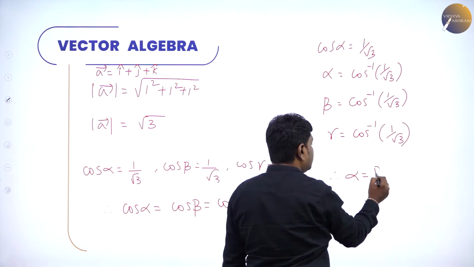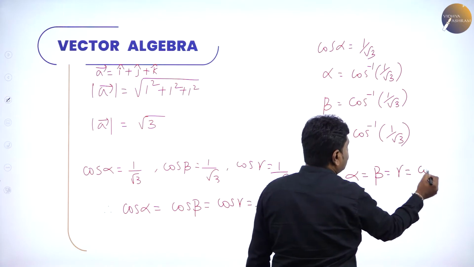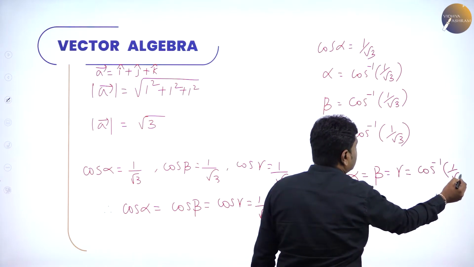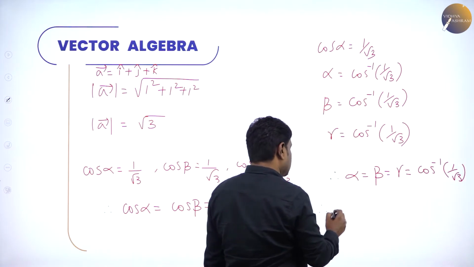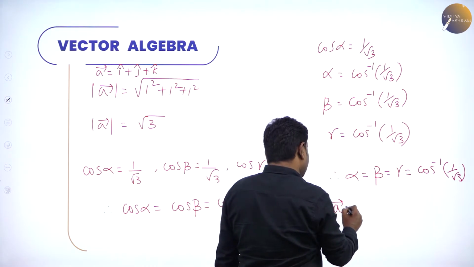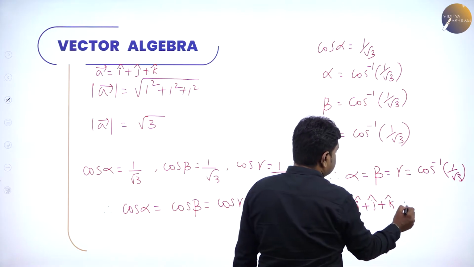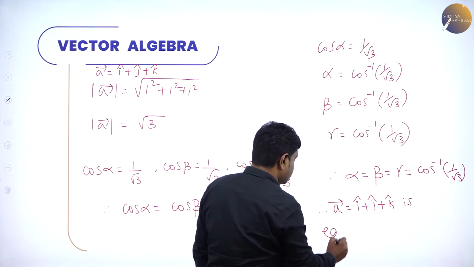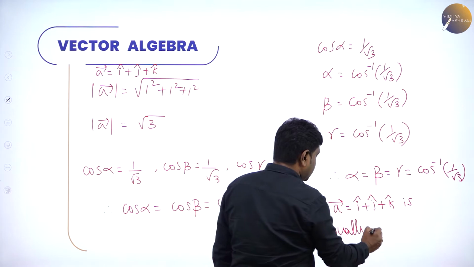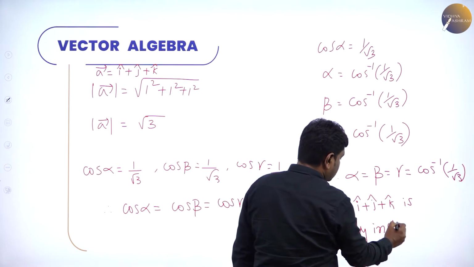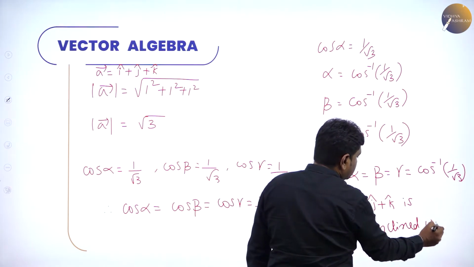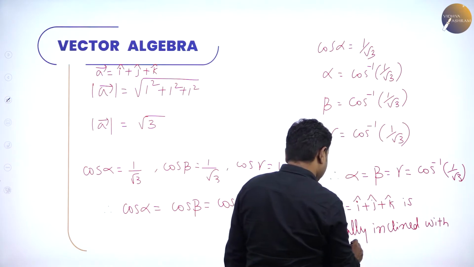Alpha is equal to beta is equal to gamma is equal to cos inverse 1 by root 3. Therefore, vector A is equal to i cap plus j cap plus k cap is equally inclined with the coordinate axes.